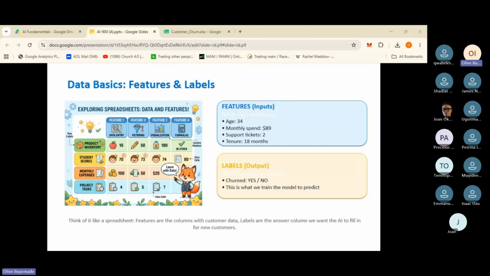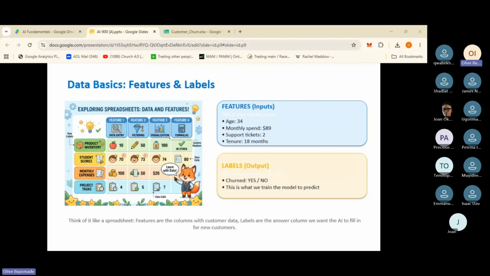What's their monthly spend? Have they raised any queries or complaints? Have they requested support? How many support tickets have they had? And how long have they been with the business? How long have they been a customer? Those we call features, and those are what we will input. We'll input this kind of information for each customer.